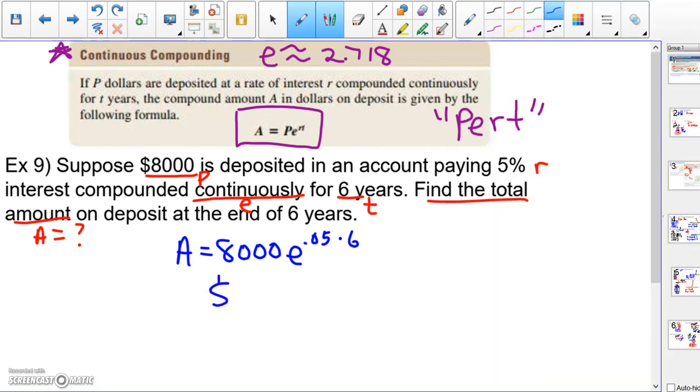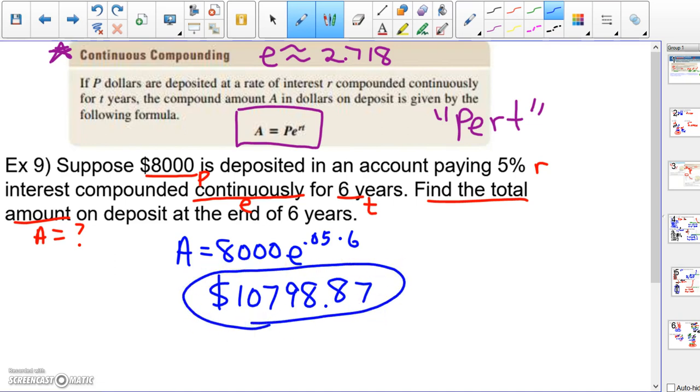It comes to $10,798.87. So again, think about what you did. You started with 8,000, you deposited it, you invested it, you earned interest continuously for 6 years, and you ended up with $10,798.87.